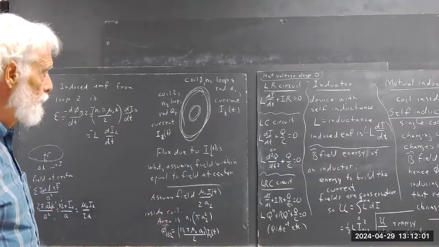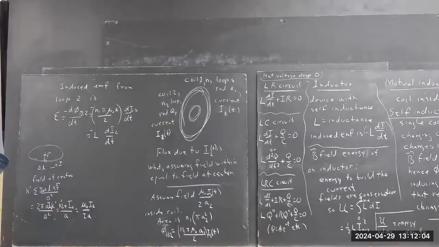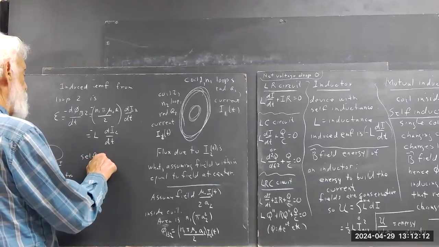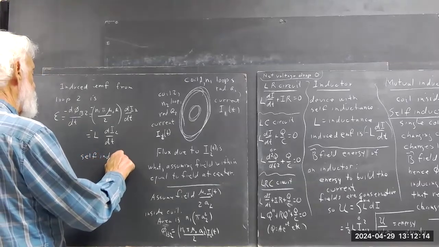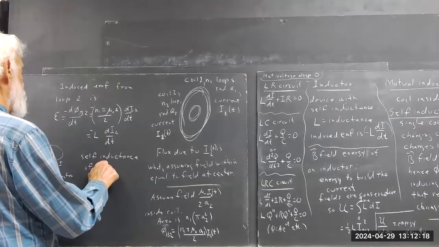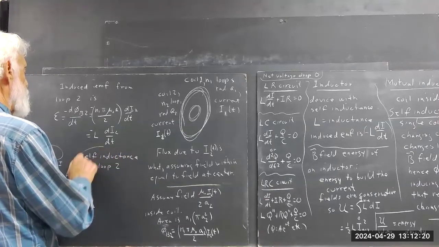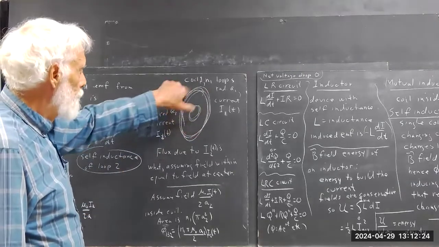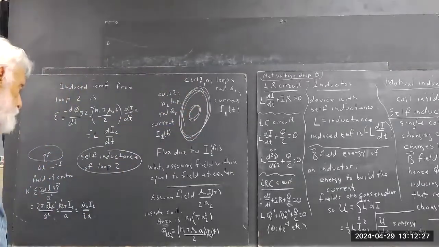Actually, I kind of confused two things. This would be the self-inductance of loop 2. But of course, the flux through loop 2 is also through the big loop, and let's deal with that.